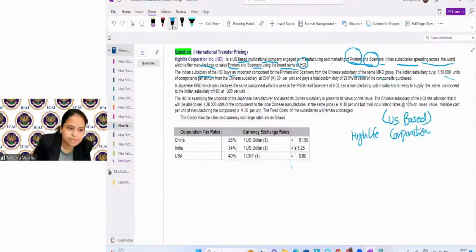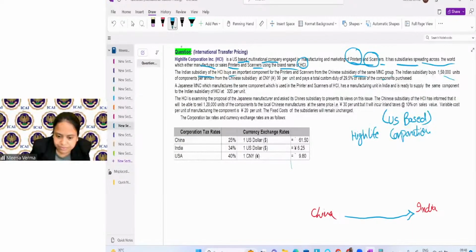So there is an Indian subsidiary and a Chinese subsidiary. Indian subsidiary is buying from China. Okay, the Indian subsidiary buys this many units of component from the Chinese subsidiary. Let me make a picture now. So what is happening? There is a China subsidiary and there is India's subsidiary. Actually, the Indian subsidiary is buying from China. So what is mentioned here?